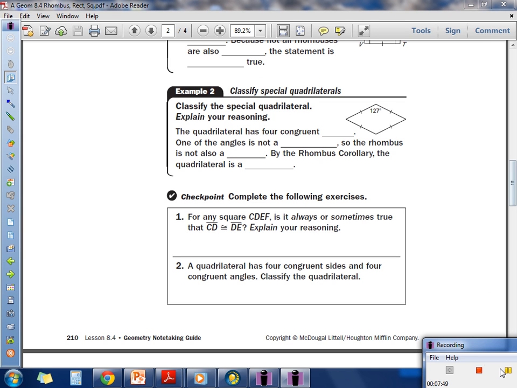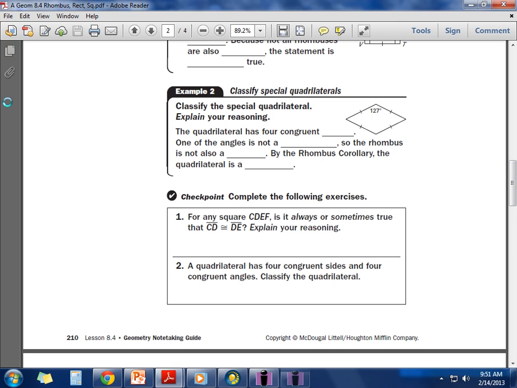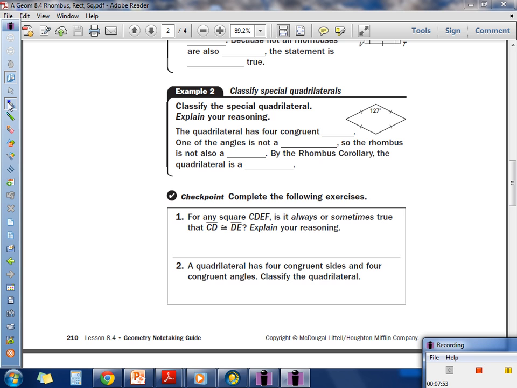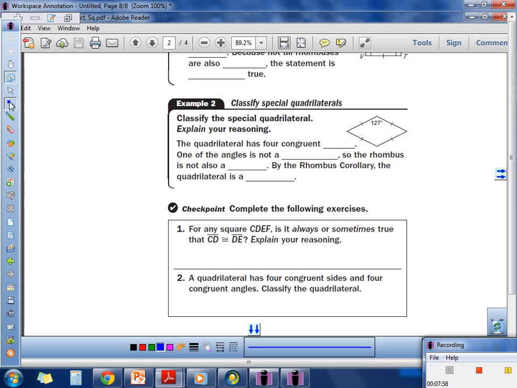Example 2 says classify that special quadrilateral and explain your answer. So look on this shape over here. We have one angle is 127. We have 4 sides are congruent. Automatically, I'd be focusing in on those 4 sides congruent. What shapes have that property? A square and a rhombus. So it's one or the other. It's either a square or a rhombus. Most people can get to this point.